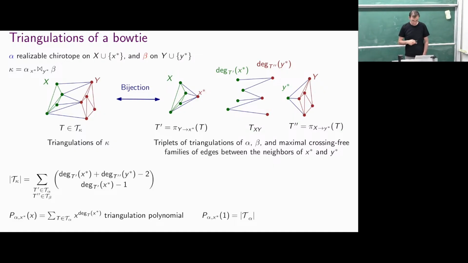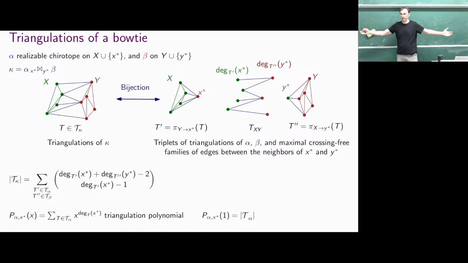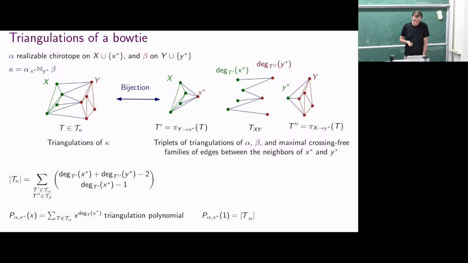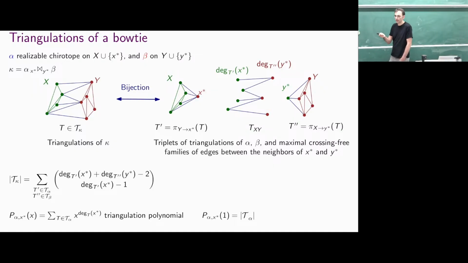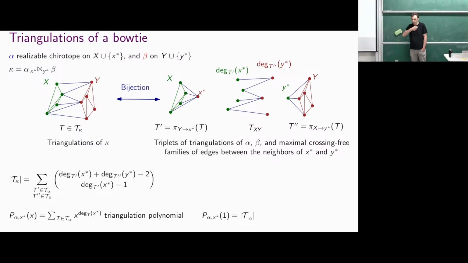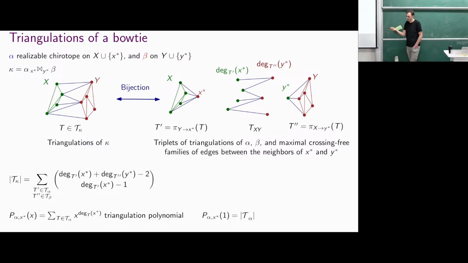Now, this is for one bow tie, and we actually want to do that for a tree, so we need to iterate this. What we need first for one bow tie is how many triangulations we have, and for each of those triangulations the degree of the proxy for both sides.